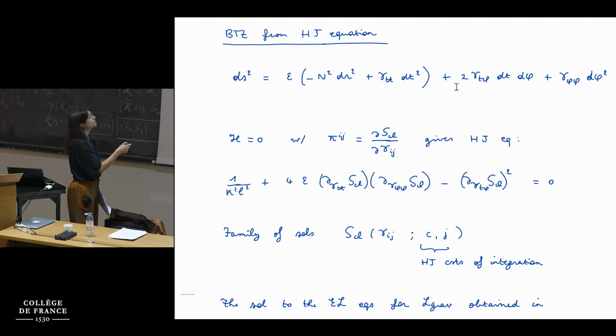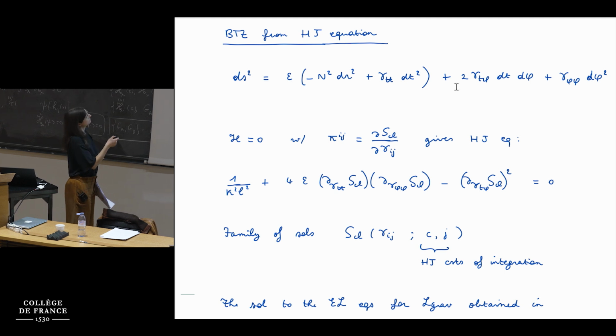So that's why we use this notation. And then we take the Hamiltonian constraint. This is quadratic in the pi's, and we replace all the pi's with their expression in terms of the on-shell action.